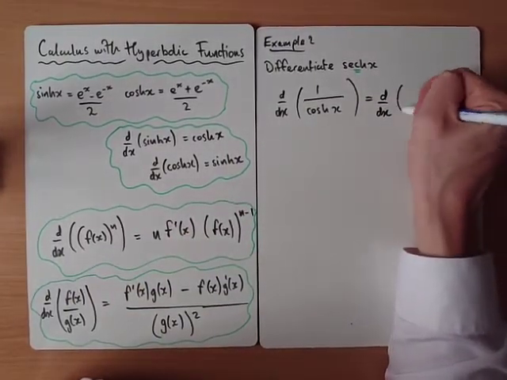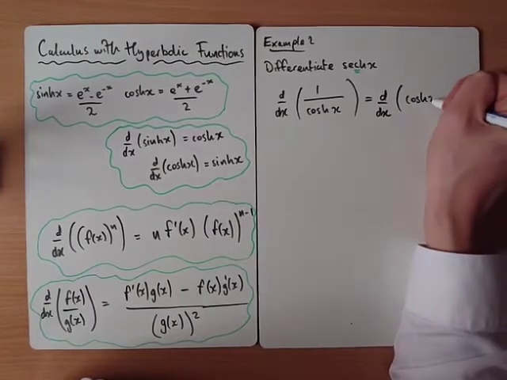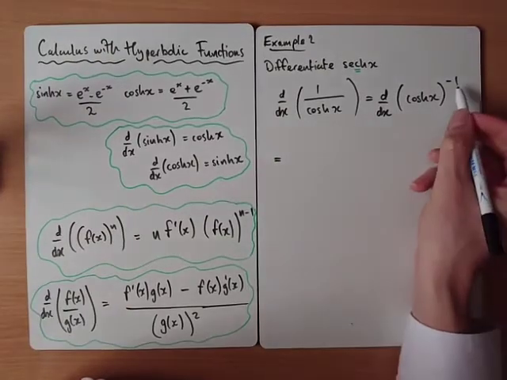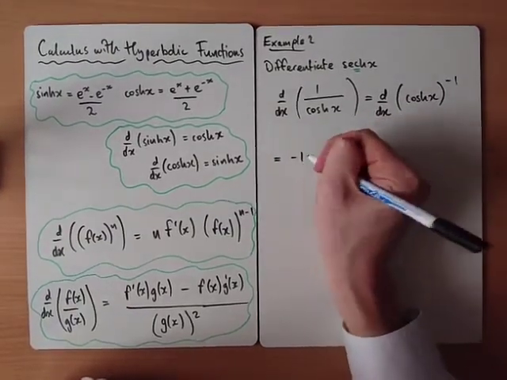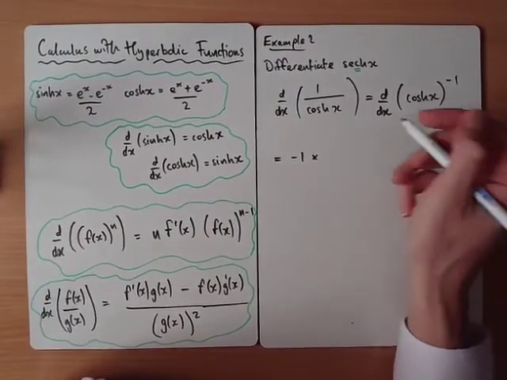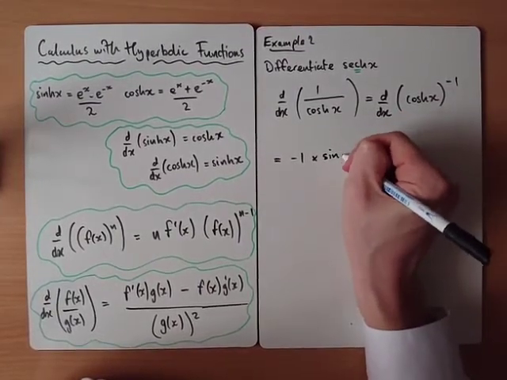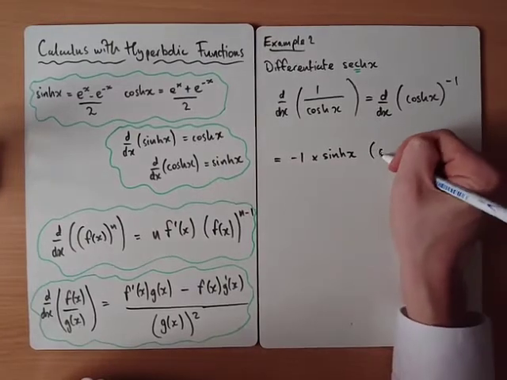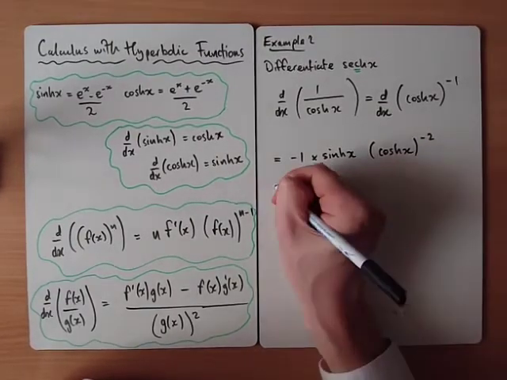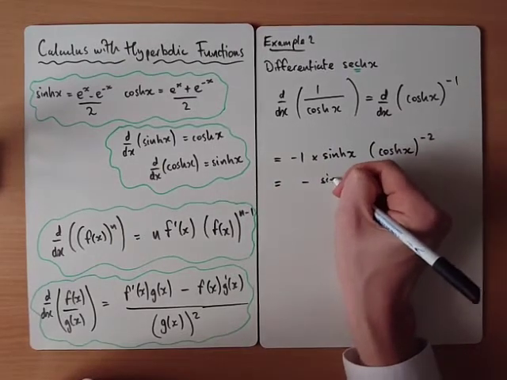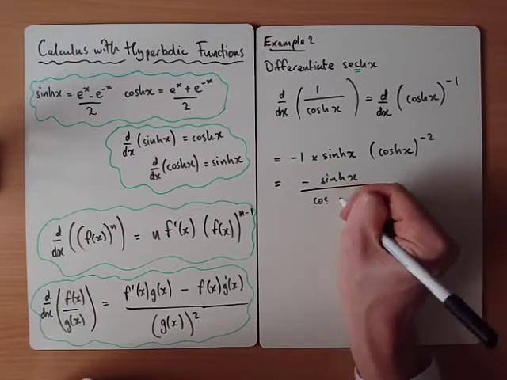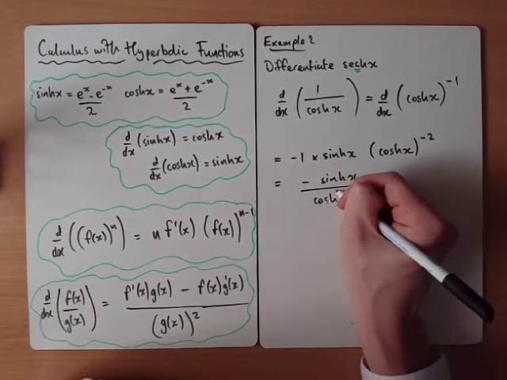So we can write it as the derivative of cosh to the power minus 1. So shortcut for bracket to a power: times by the power, times by the derivative of what's inside. If you differentiate cosh, you get sinh. And then take 1 off the power. So that would give us minus sinh over cosh squared.